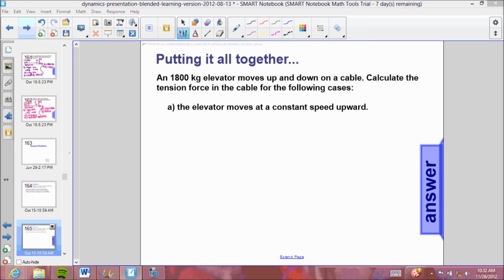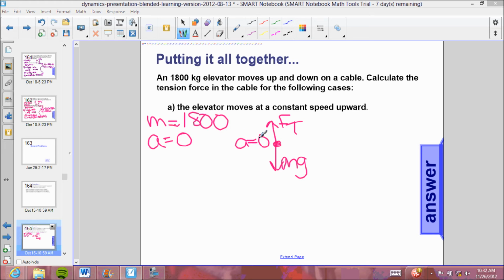So the first part, talking about constant speed up. We know our mass is 1,800, and we know our acceleration is 0 because it's constant speed. So now, same thing as before. Diagram, we've got Ft up because an elevator has the wire on the top, mg down, and in this case, a equals 0.